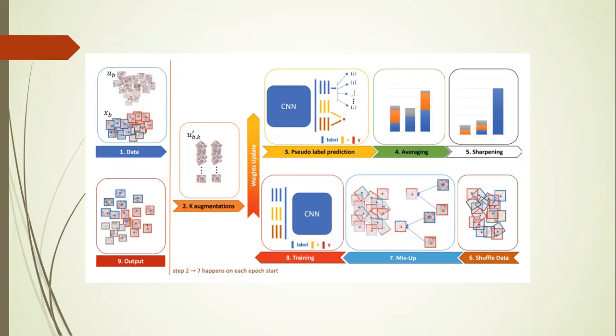We take these and process them through this CNN model to generate pseudo labels, after which the predictions are averaged and also sharpened to minimize the entropy in the prediction distribution. Once the pseudo labels are assigned, we mix them up with labeled data XP to help the model iteratively learn more generalized distributions with noise suppression. And steps 2 to 7 repeat at the start of every epoch.